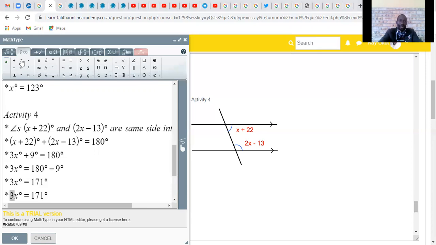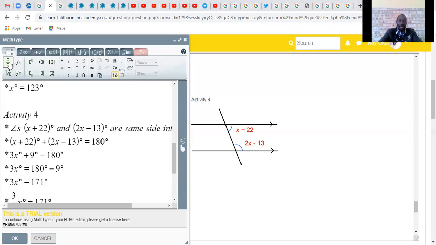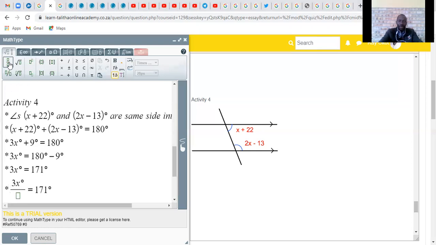So let's just divide it right away. We have to divide 3x by 3 so that the quantity 3 can cancel out. Also, 171, we divide it by 3.